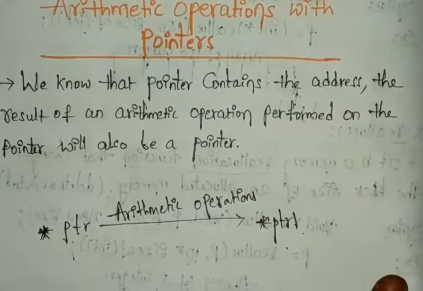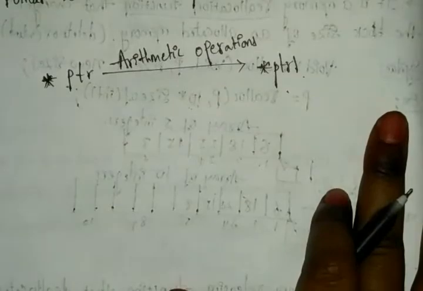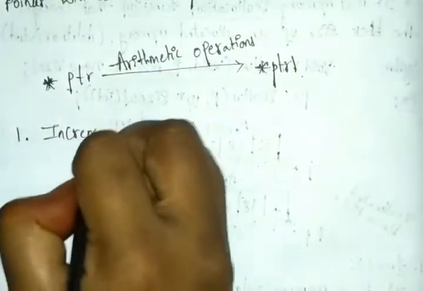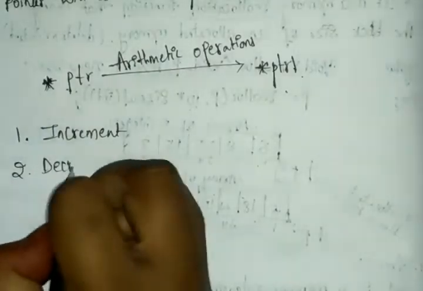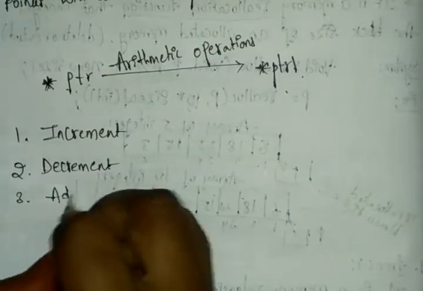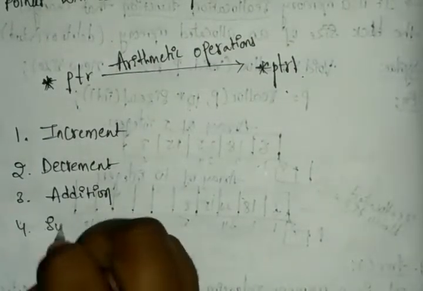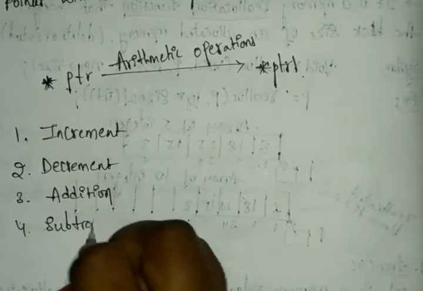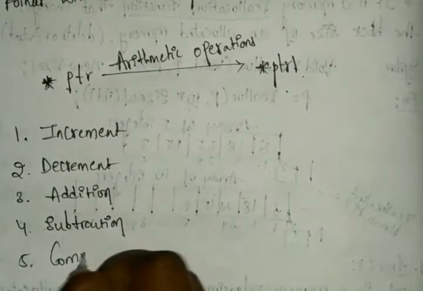arithmetic operations. So what we have here are a total of 5 types of arithmetic operations. One is the increment, second one decrement, third one addition, fourth one subtraction, and fifth one comparison.